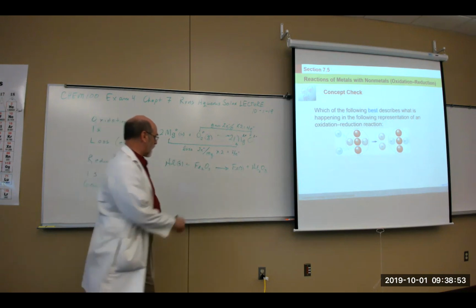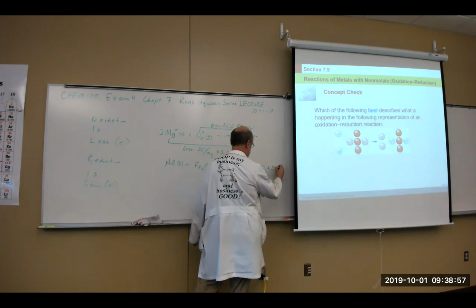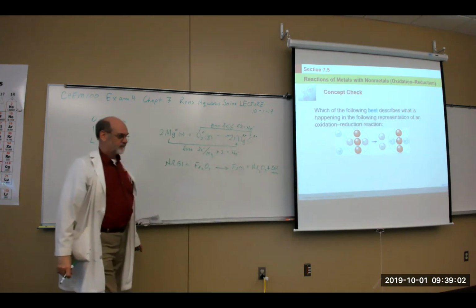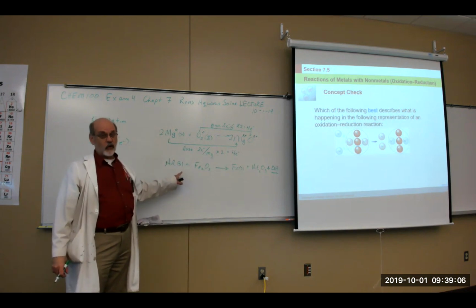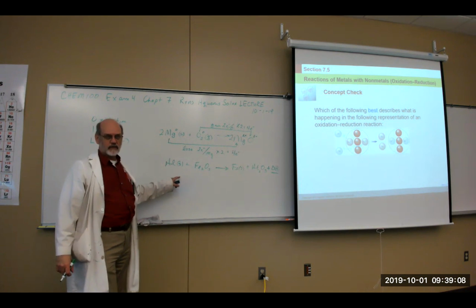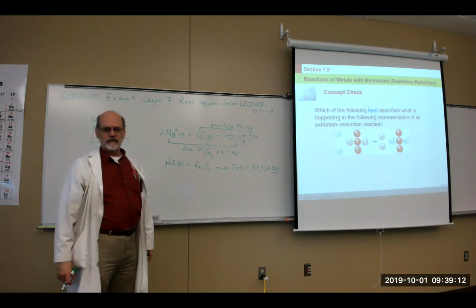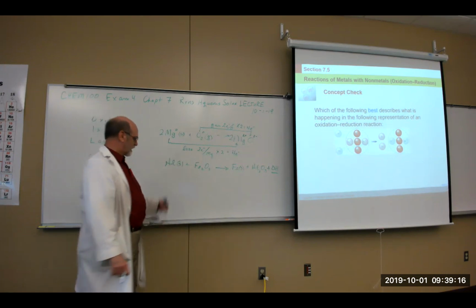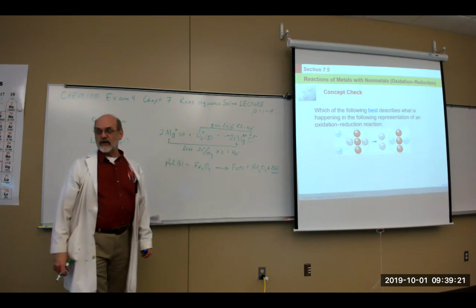Now this particular reaction generates a lot of heat. That's called thermite. It takes a lot of heat to get it started. You have to start it with some sort of incendiary, torches, or something like that. But once it gets going, you can't even look at it.